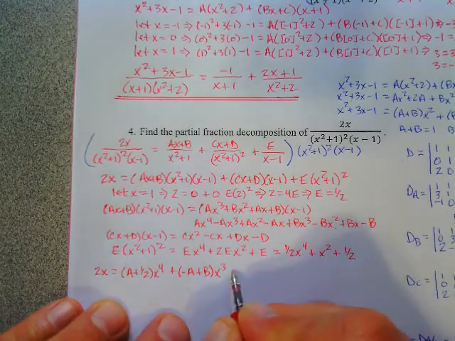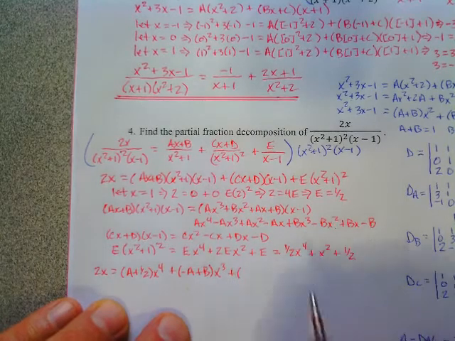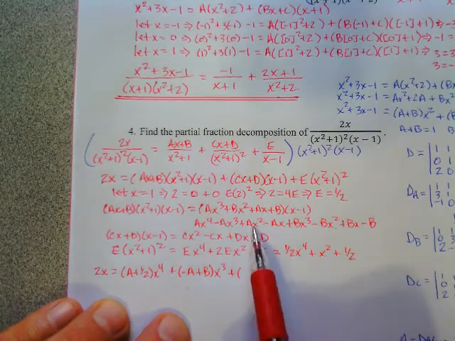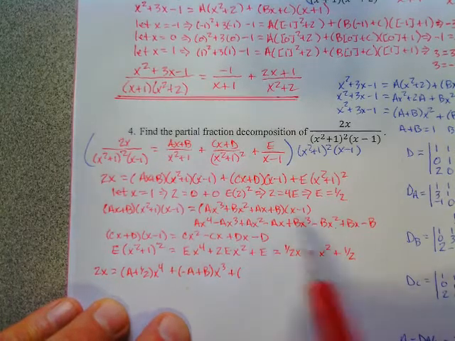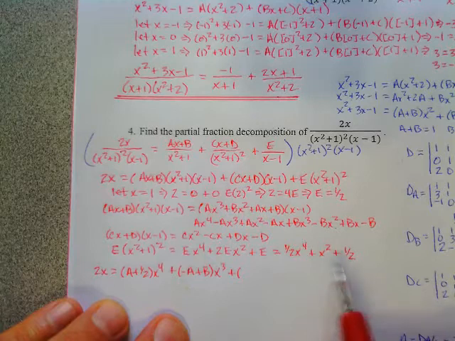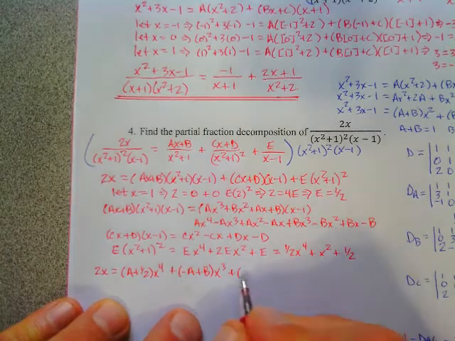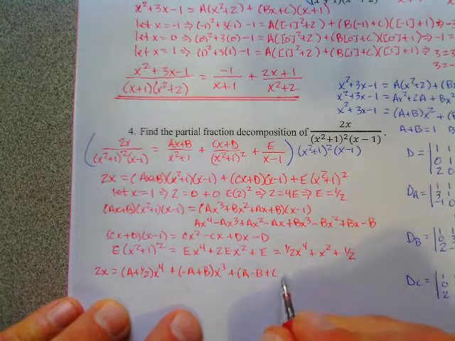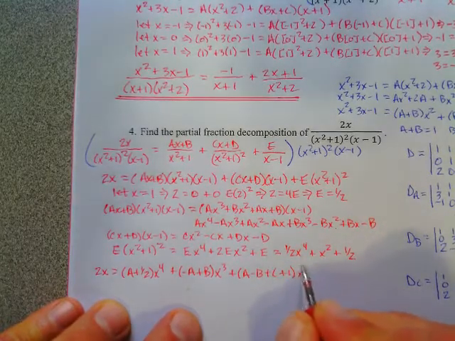Next, x squareds. So let's see, I've got ax squared, minus b plus c and a 1. So a minus b plus c and a 1 x squared.